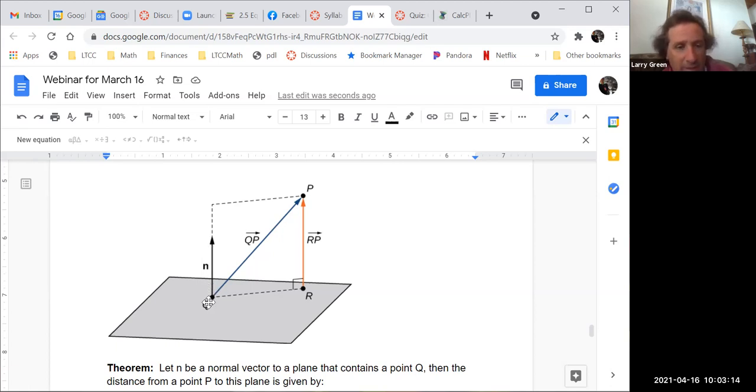Take a point in the plane, and we can take that vector from that point Q in the plane to P. And this vector here is going to be the projection of this vector QP onto N. And the distance will be the magnitude of that projection.